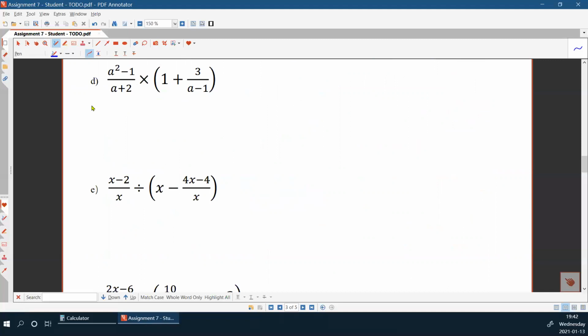So usually we'll follow the order of arithmetic operations. If there are brackets, let's calculate this part first, okay? Just copy the first part unchanged times, okay, what's left there? Apparently that's 1 over 1 plus 3 over a minus 1, right?